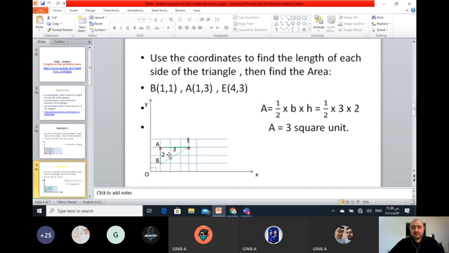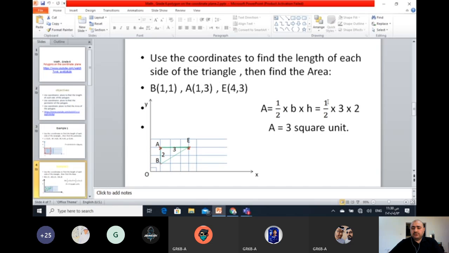To know the length now, in this side, count the units 1, 2, 3. So the total of this side will be 3 units. And here 1, 2. So the total here 2. This is the base, and this is the height. How to find the area? You must use the formula. As you know, the formula, area A equal 1 over 2 multiplied by the base multiplied by the height.